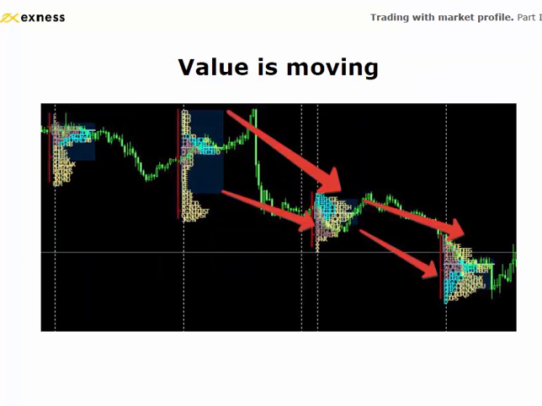Now let's start with quite simple things and move on to more complicated things. First of all, in trading we have to distinguish value from price or signal from noise. And when we use a conventional chart like candlestick or bar chart, we can use some substitute of value like a moving average, for example.